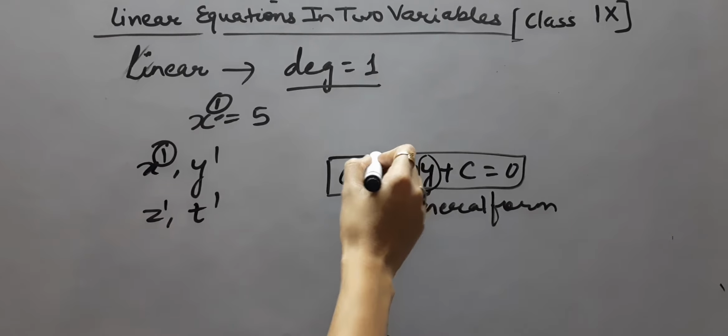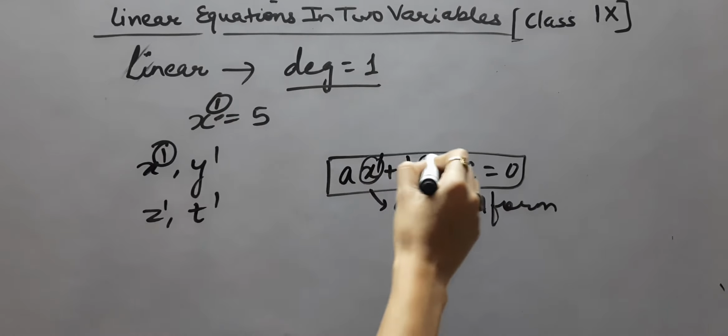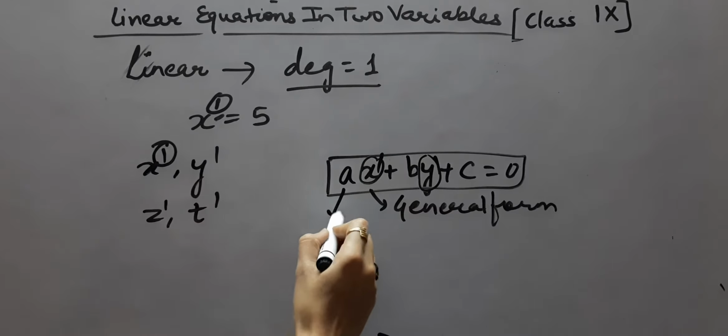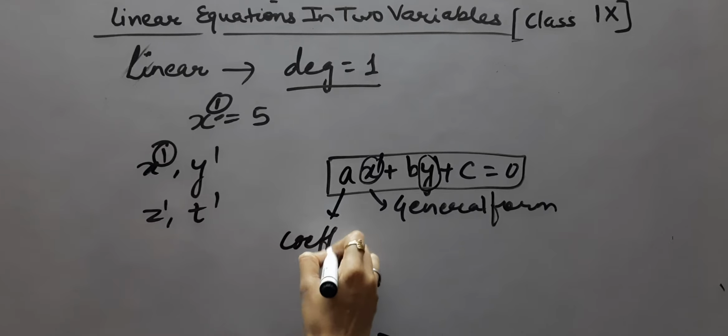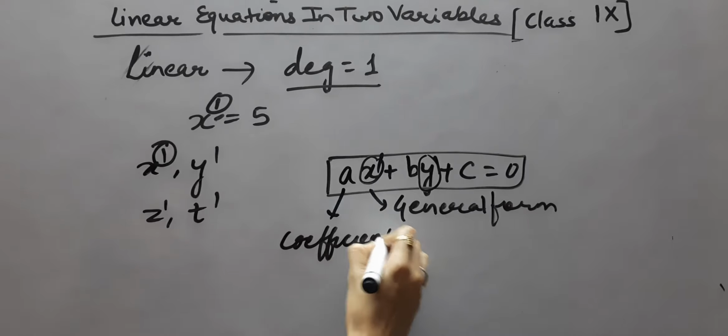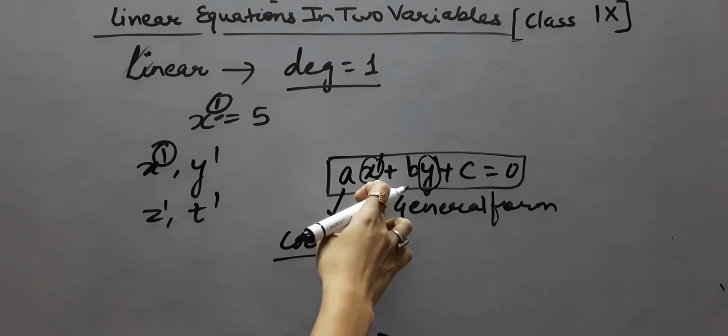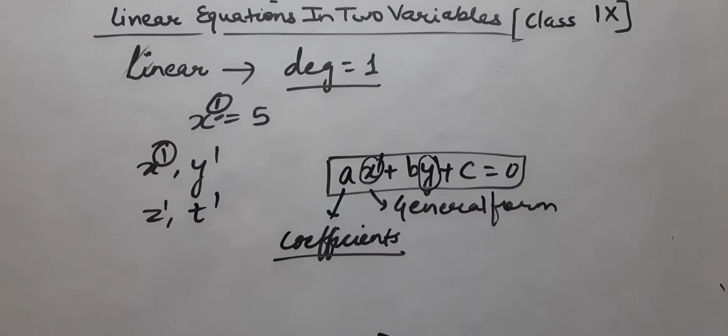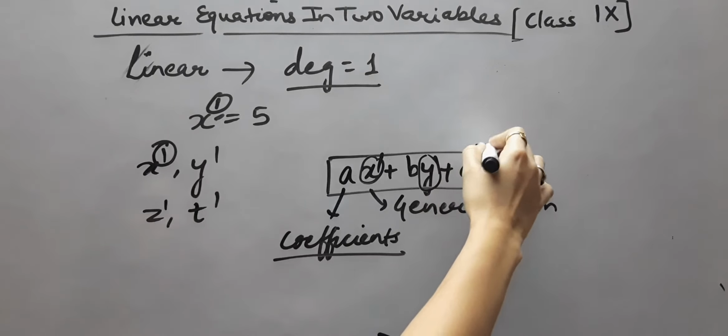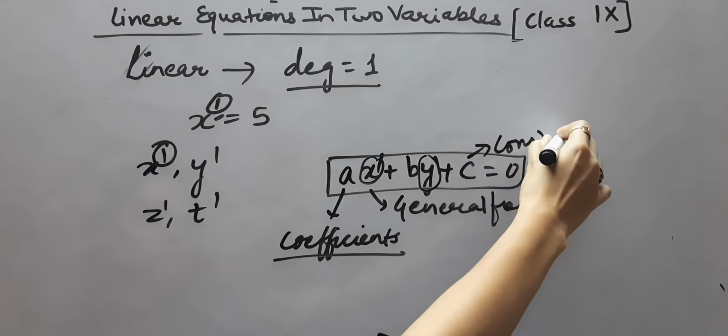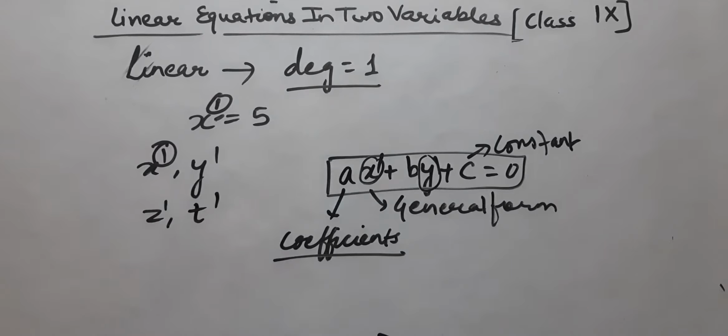Their degree is 1, so they are linear. And these are the coefficients. The coefficient of x is a, the coefficient of y is b, and c is a constant.